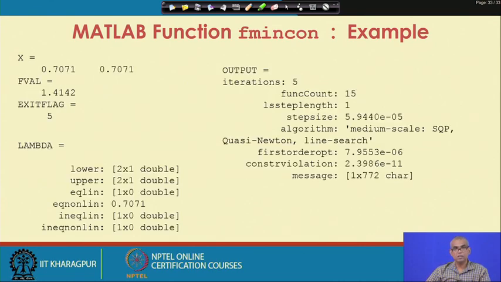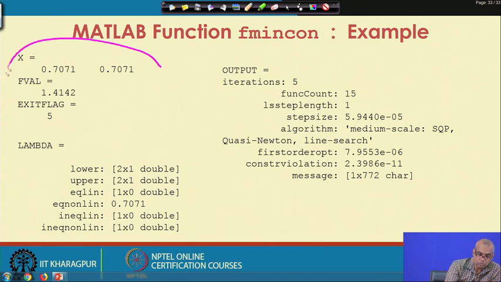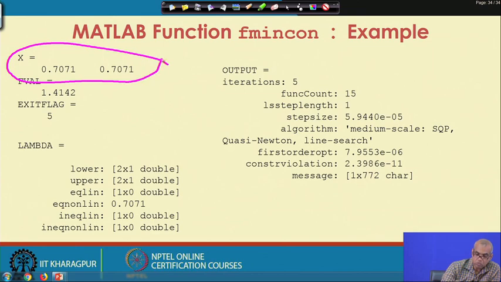If you do this, you will get this as output. MATLAB will return the solution of the optimization problem as x equal to 0.7071 and y equal to 0.7071. So, x equal to y.